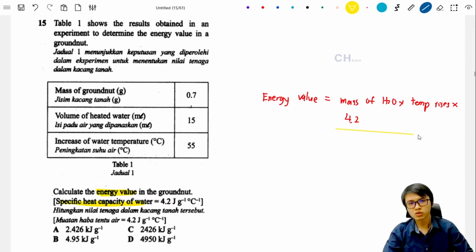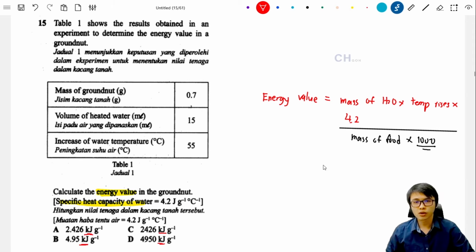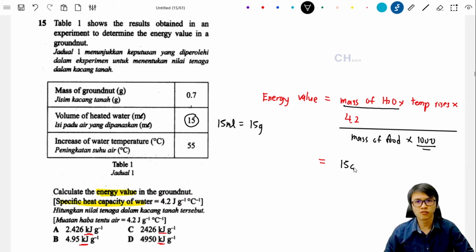Now, we find the total, then divide the value by the mass of food times 1000. Why do you times 1000? Because you want to convert it into kJ. Okay, so let's do the math. Mass of H2O: for water, 15 ml equals 15 gram.